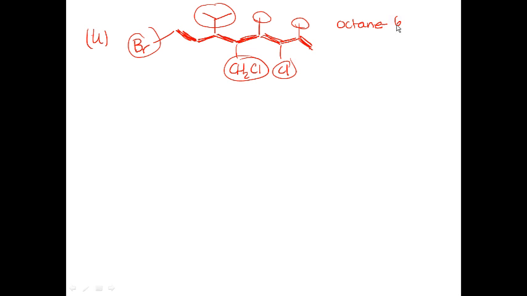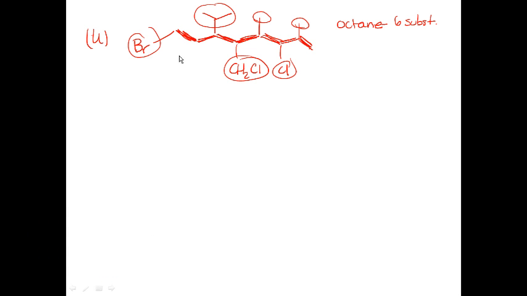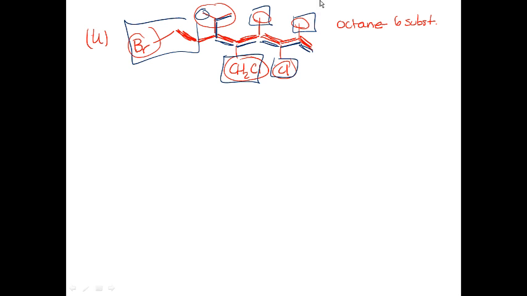So that gives me 6 substituents. Go to another chain. The other possible chain was this one. 1, 2, 3, 4, 5, 6, 7, 8. How many substituents there? 1, 2, 3, 4, 5, 6.